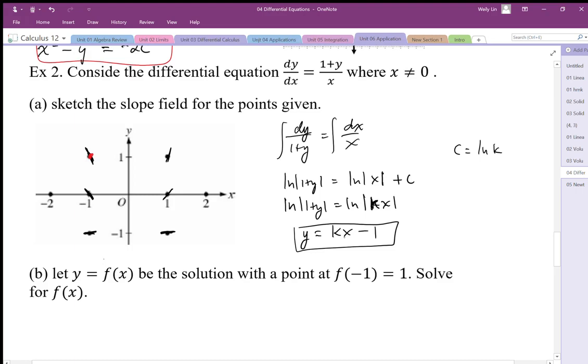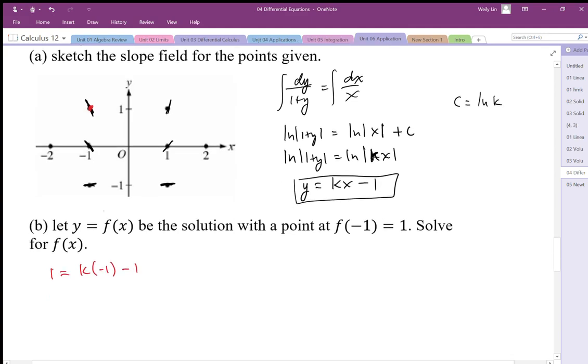So if I plug in y equals 1, x equals negative 1, we're going to solve for the slope here. So we get 2 equals negative k, so k equals negative 2. Then my particular solution becomes y equals negative 2x minus 1. And that is going to be that line right there.